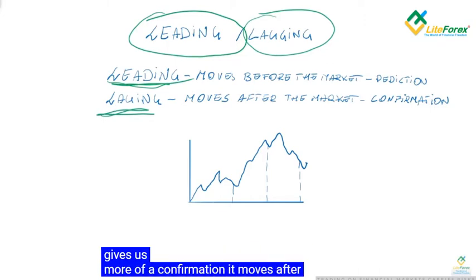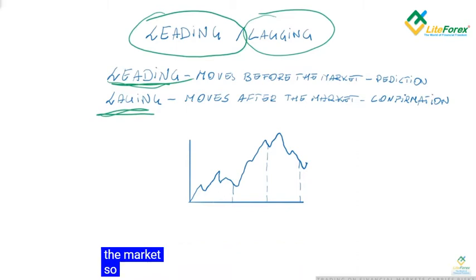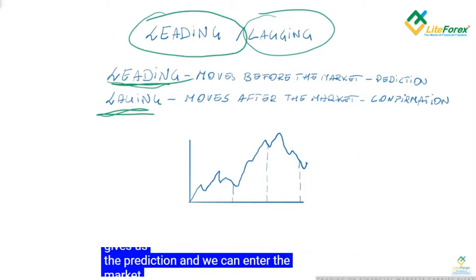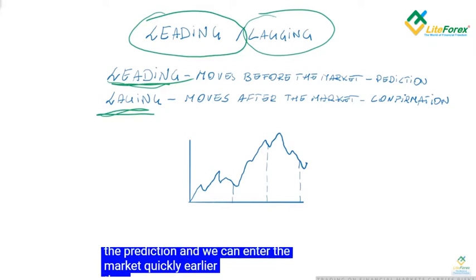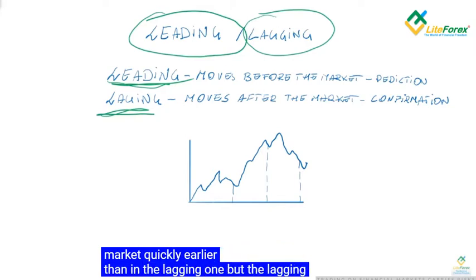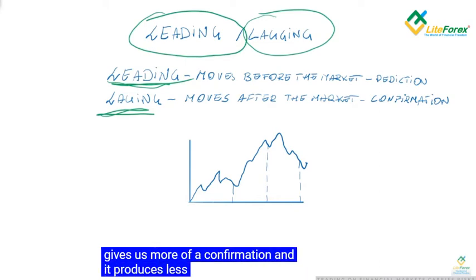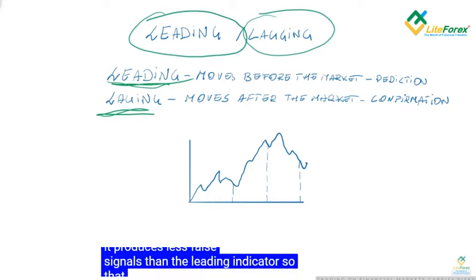It moves after the market. So, of course, the leading indicator gives us the prediction and we can enter the market quickly, earlier than with the lagging one, but the lagging indicator gives us more of a confirmation and it produces fewer false signals than the leading indicator. So that is the main difference.